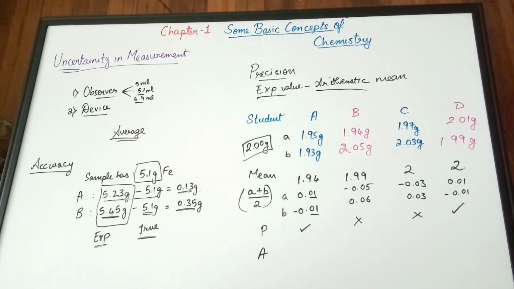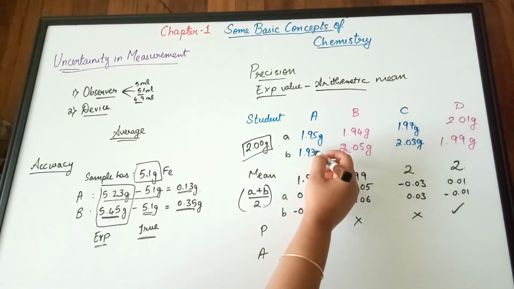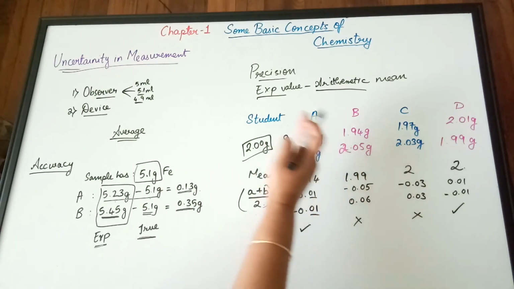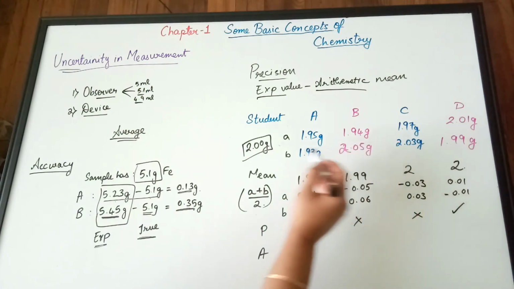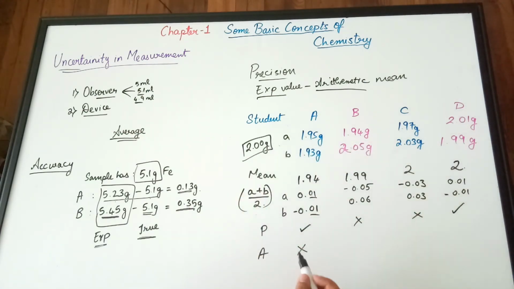The second is the accuracy. Let's take student A's values and compare them with the true value. Of course there's a huge difference between them, because of which student A's values are not accurate. Next, student B, the difference is very high, making their value not accurate.